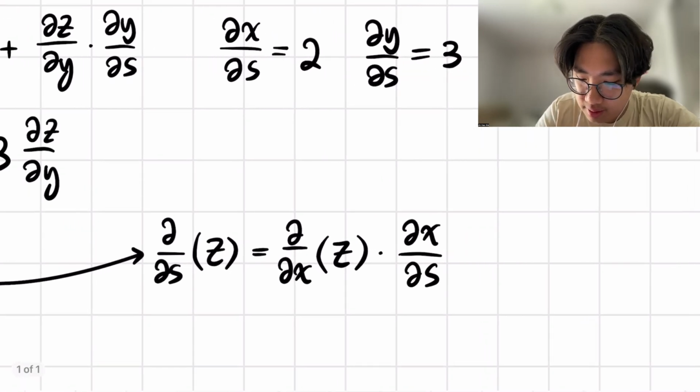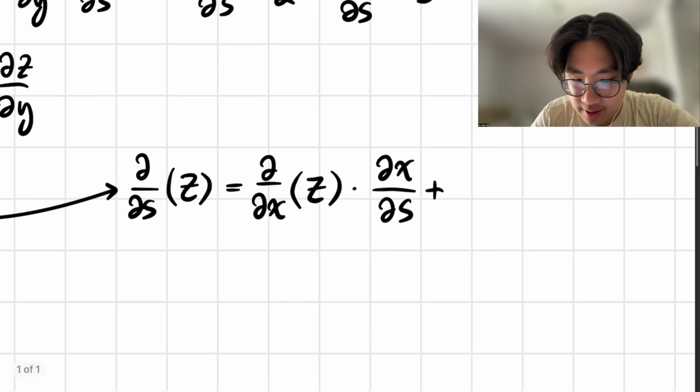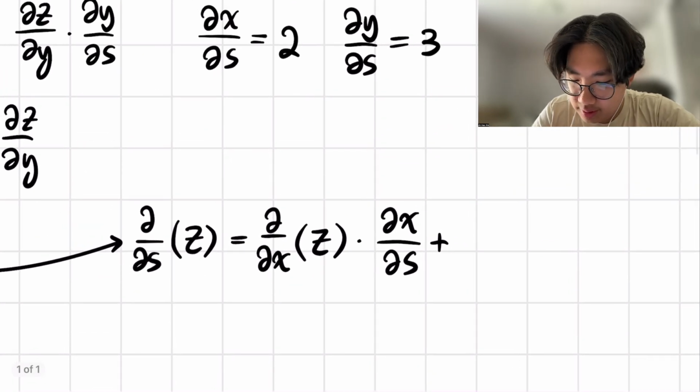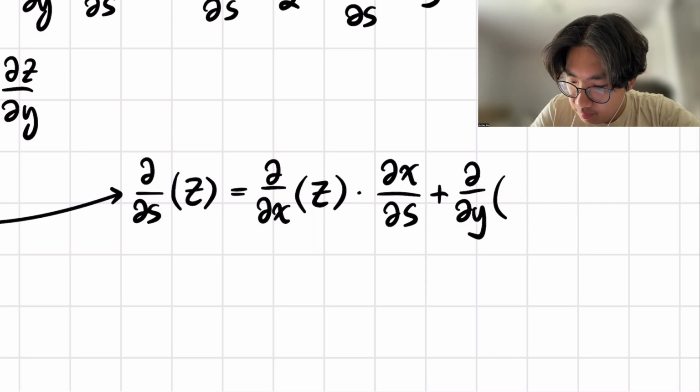And then plus partial over partial y of z times partial y, partial s.